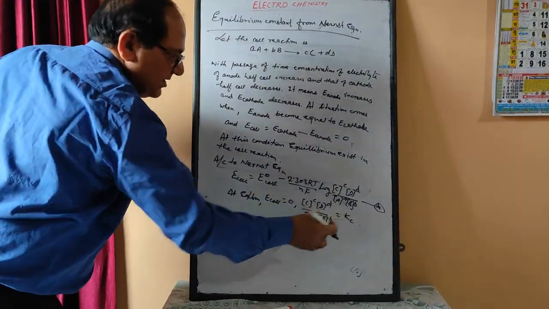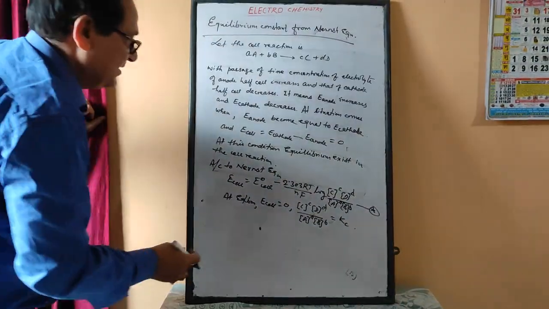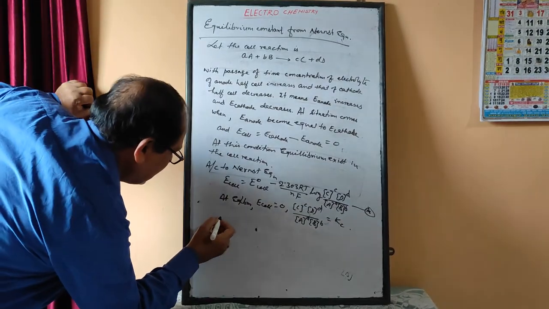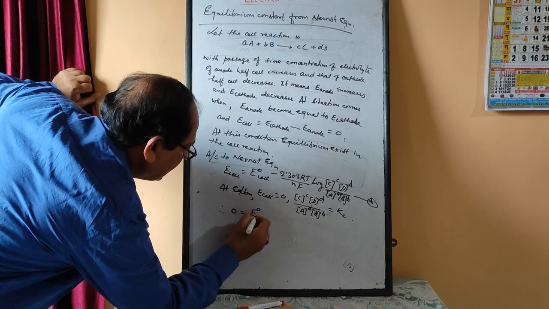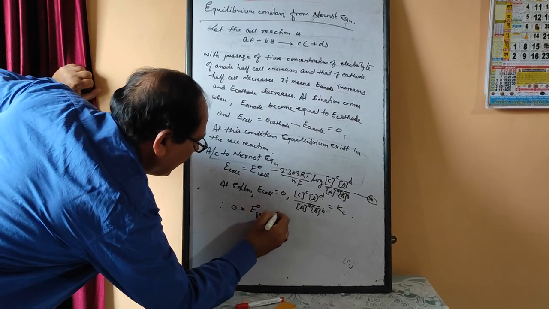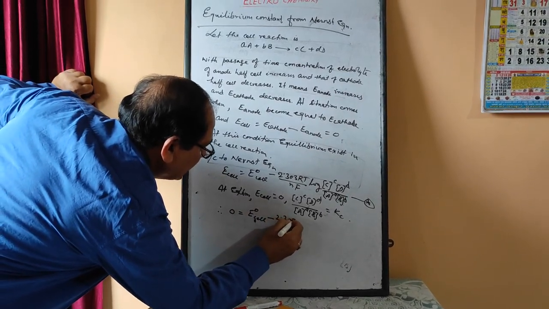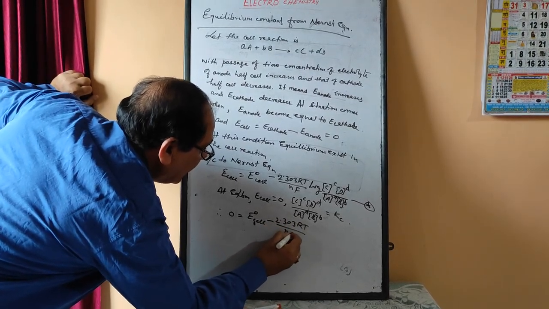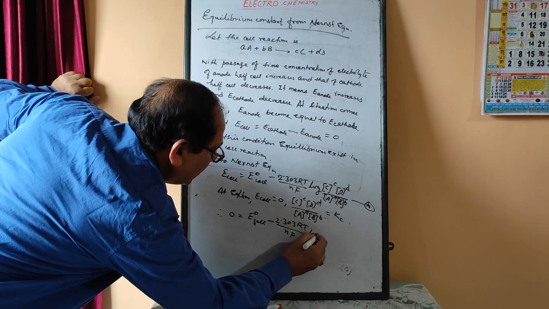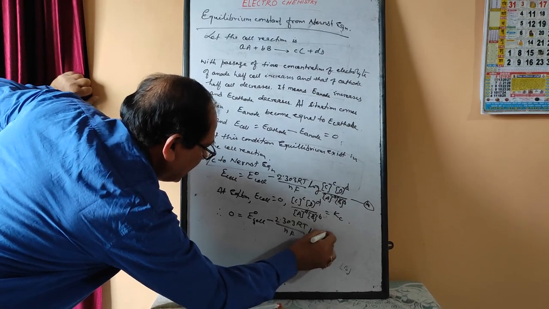This Kc is the equilibrium constant. Now, therefore, 0 is equal to E naught cell minus 2.303 RT by nF log Kc.